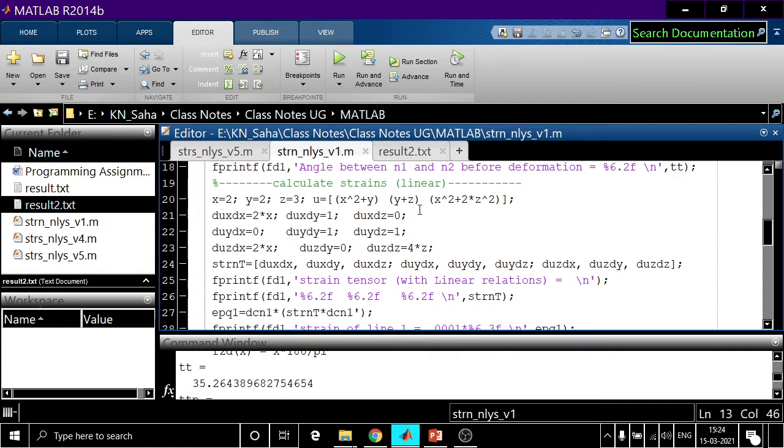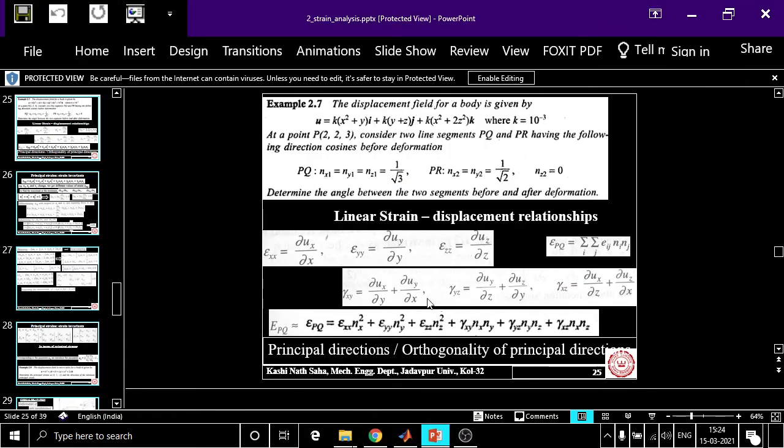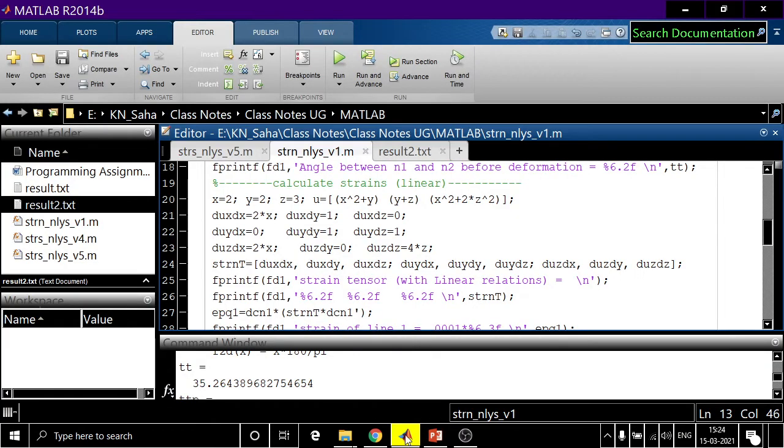Once again, check these are the relations. So this will give us the strain tensor. Clear? And actually the cross strain terms are also equal. You can check that this is 0 and this is 0.